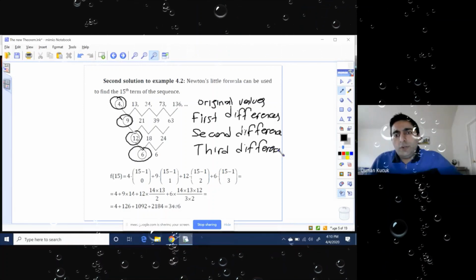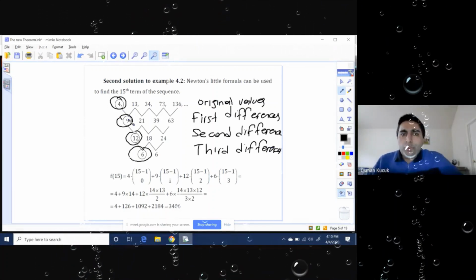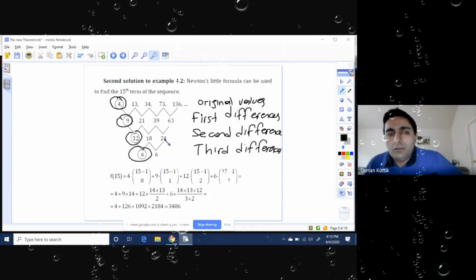Basically, Newton's formula uses the first term of each row.